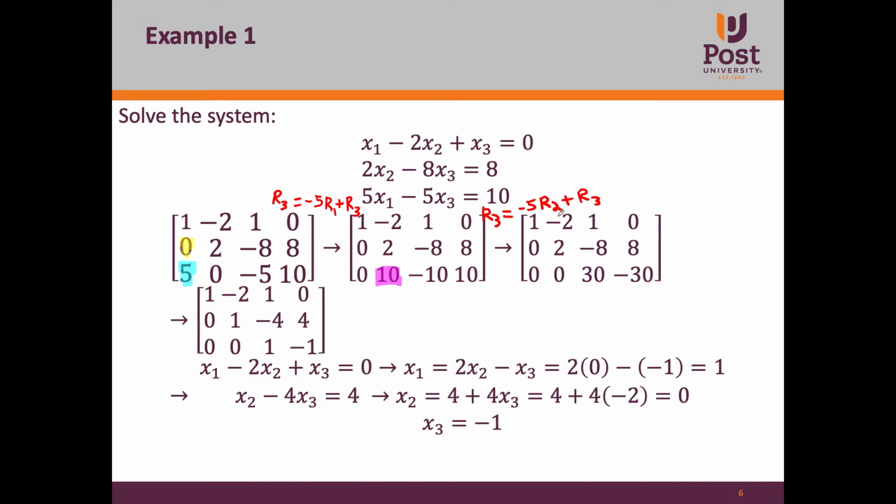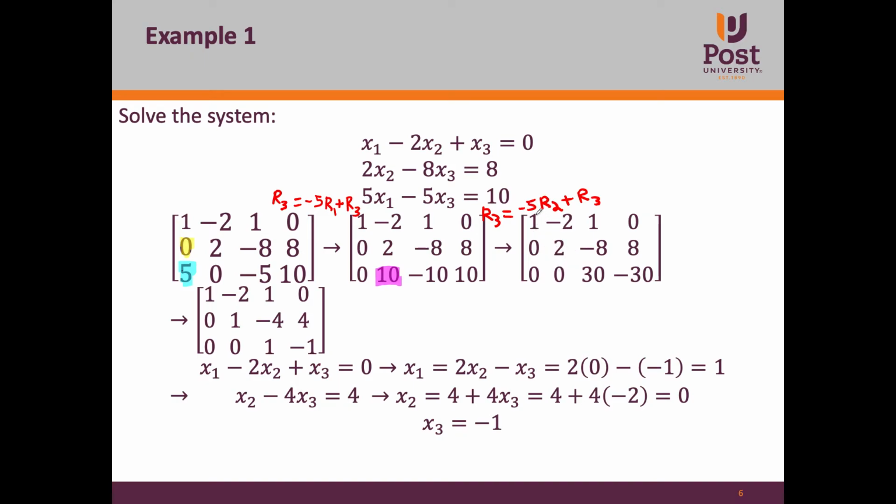Now you might see a slight little bit of an issue here. This row here has all multiples of 2, and this row here has multiples of 30. So we could simplify this a little bit. We could divide this row here in half to get rid of this 2 and make it be a 1.